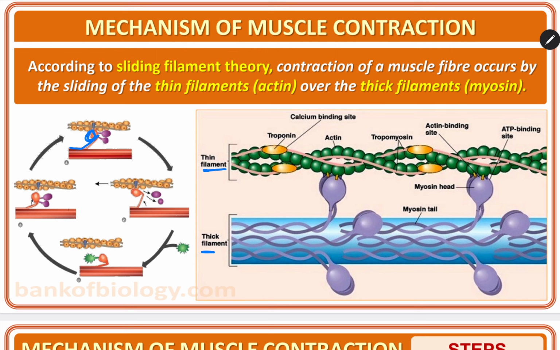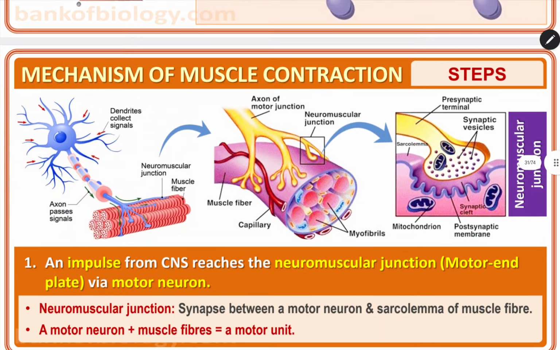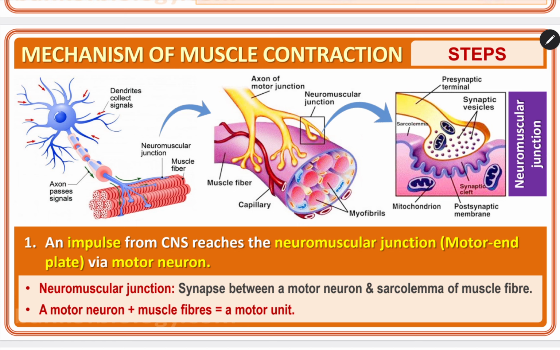The thick filament moves outside and the thin filament moves in the opposite direction. In the third stage, you can see it detached like this, and in the fourth stage the cycle continues again. Let's see the steps in detail, the mechanism of muscle contraction.